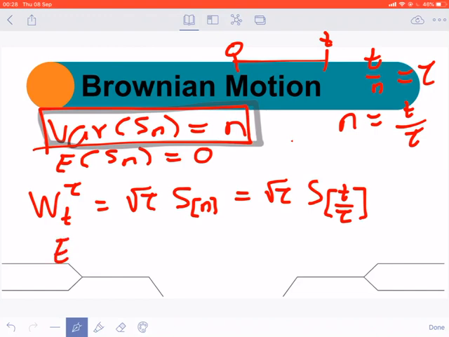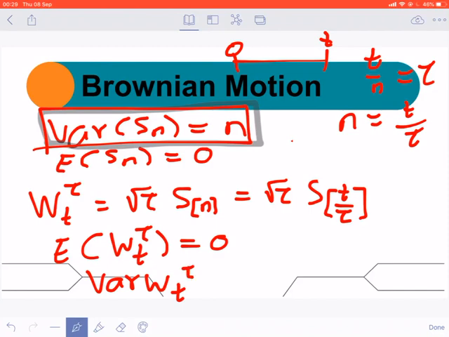So the expectation of this Wiener process, or the standard Brownian motion, is going to be 0, but the variance now is going to have a different property. So the variance of a Wiener process is going to be equal to tau, and this thing is going to go to n, which is equal to t over tau.